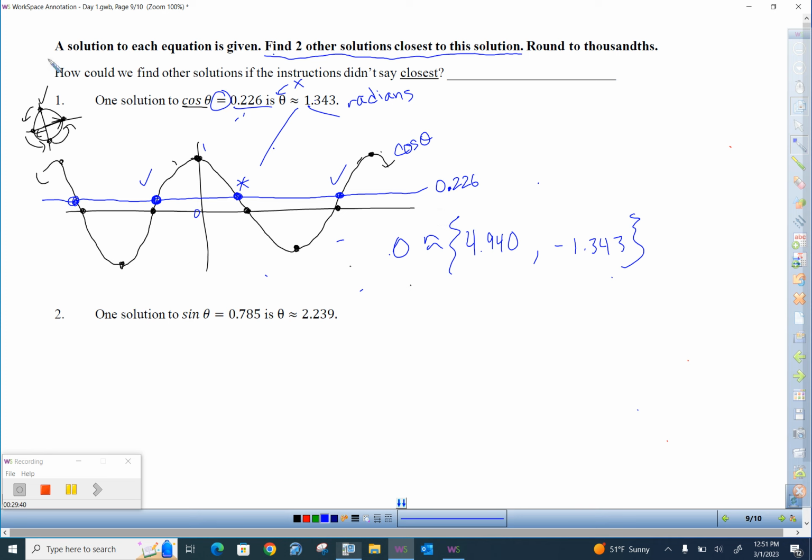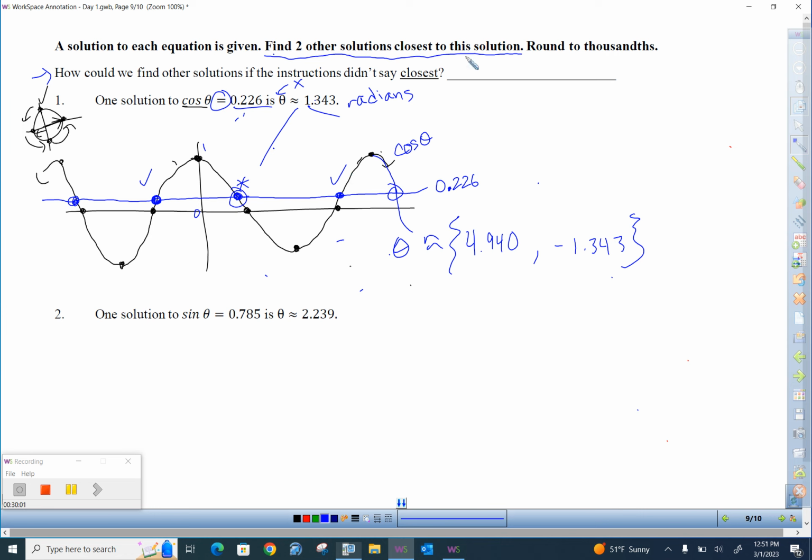Now, I skipped over this intentionally. It says, how could we find solutions if the instructions didn't say closest? If we're focusing on just any place where it hits this, what we can use is the idea of our period. From maximum to maximum, we know is 2 pi, but from any point to another corresponding point will be 2 pi.